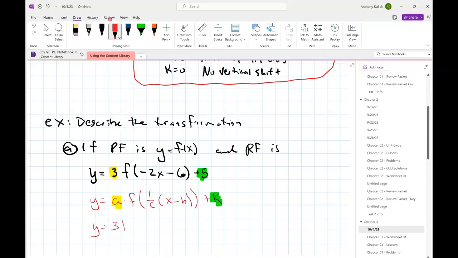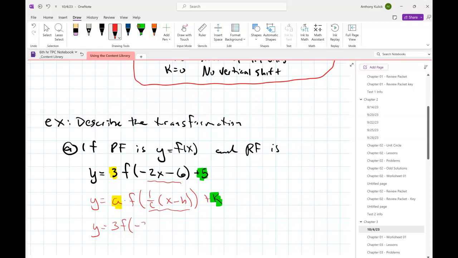So what I want to start by doing is notice that this piece looks like it's been factored, right? I'm going to do the same thing here. What can I take out of minus 2x minus 6? A negative 2. Everybody agree with that?